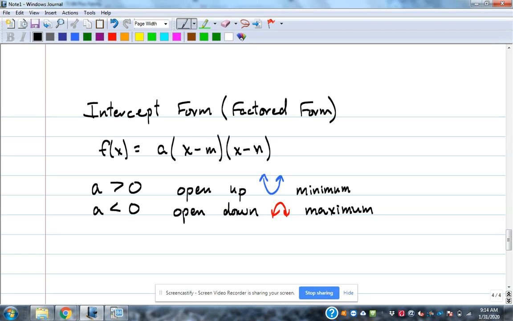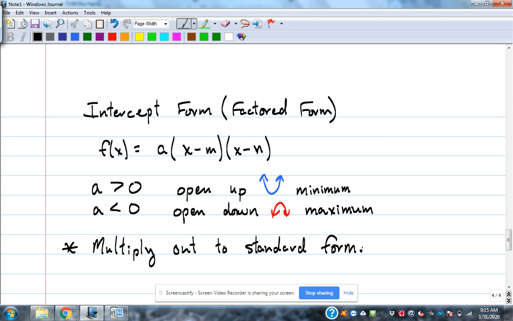It's in the intercept form, so that makes sense, right? As far as vertex, maximum, minimum, axis of symmetry and stuff, my suggestion is to multiply it out to standard form, and follow the rules from standard form for axis of symmetry and vertex, and go from there. Since it's already in factored form, you won't need that for x-intercepts.